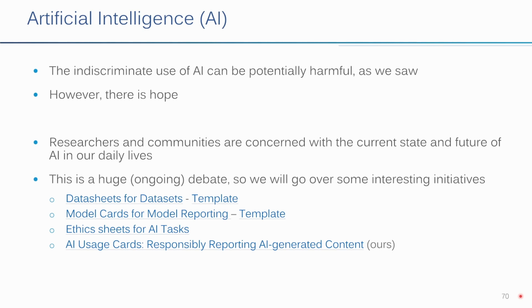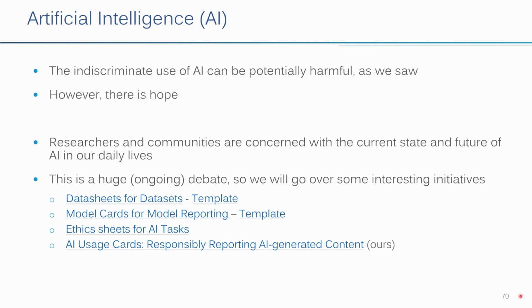Researchers and communities are concerned with the current state and future of AI in our daily lives, and for that, they are devising mechanisms that will help us at least to understand when, how, and in which conditions AI systems are being proposed and used in a way that we can track things down. What we're going to do with that is another discussion.